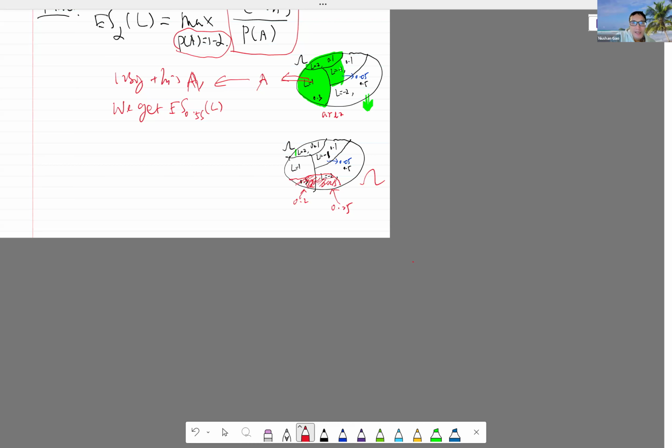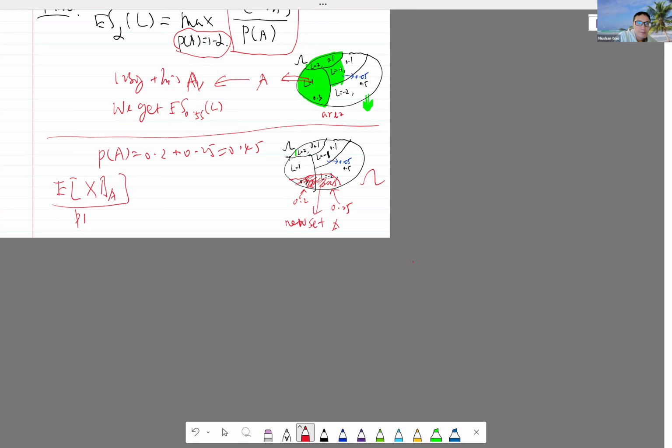For my new set A, first of all, the probability of A is still 0.2 plus 0.25, that is 0.45. What is the conditional expectation of X?